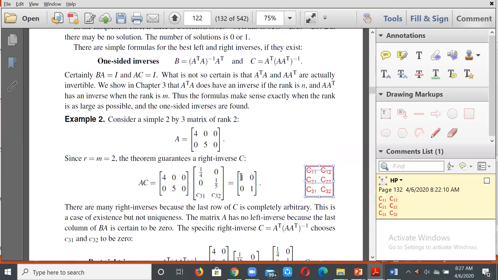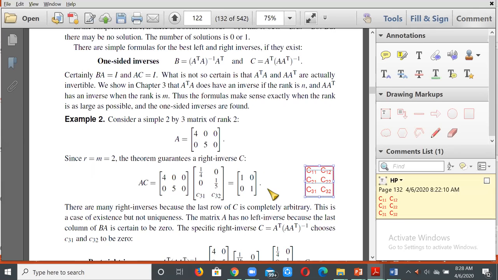So 4 C11 is equal to 1 will give us C11 is equal to 1 by 4. In the same way, 4 C12 plus 0 into C22 plus 0 into C32 is equal to 0, and that will give us 4 C12 is equal to 0, so C12 will naturally be equal to 0.